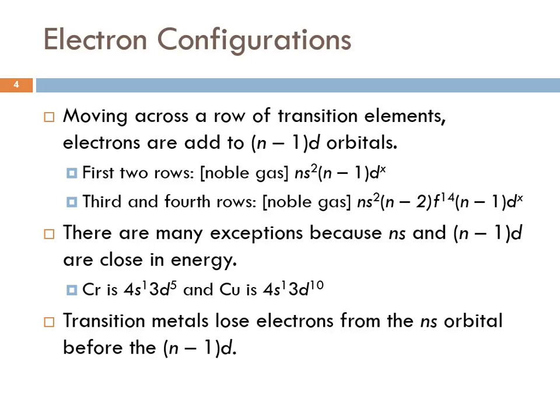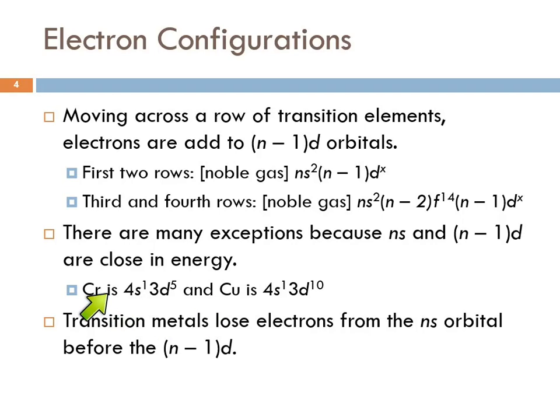There are a lot of exceptions, and the reason there are so many is that the 4s and 3d sublevels are very close in energy. So moving an electron from one to the other isn't a big deal. Two notable exceptions in the first row are chromium and copper.